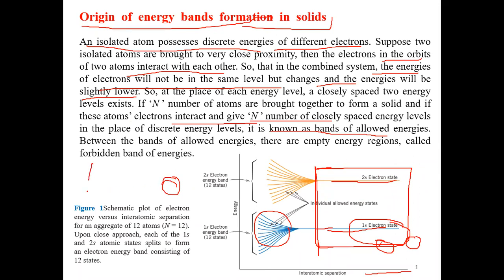In the case of sodium, you have energy level 1, and there are 2 electrons. Energy level 2 has 8 electrons. And energy level 3 has 1 electron.